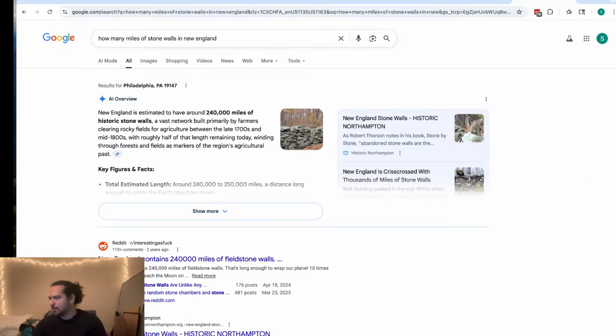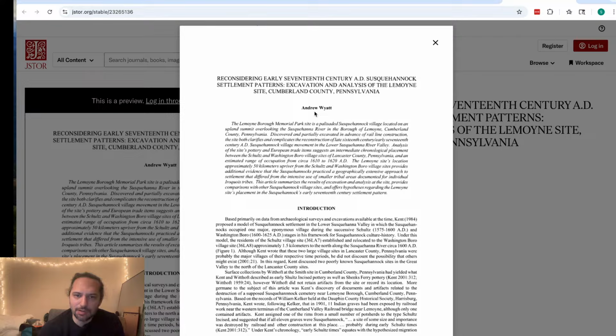I want to come back. I saw this paper, I wanted to come back to it. Andrew Wyeth. Oh, for a second there I thought Andrew Wyeth, the famous painter. Okay, reconsidering early 17th century AD Susquehannock settlement patterns, excavation and analysis of the Lemoyne site, Cumberland County.